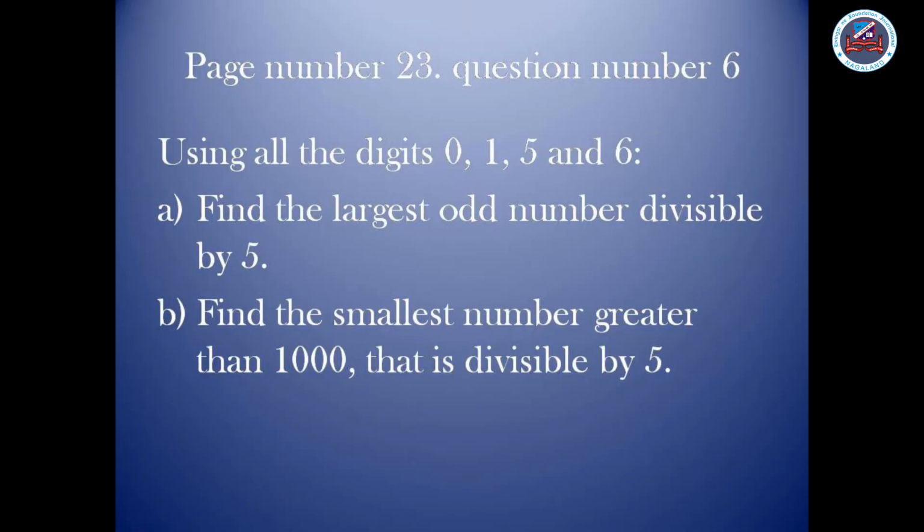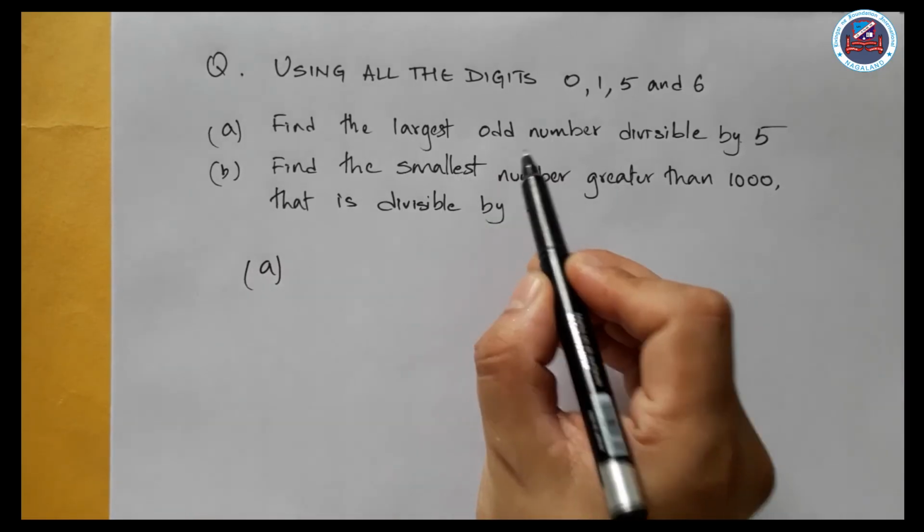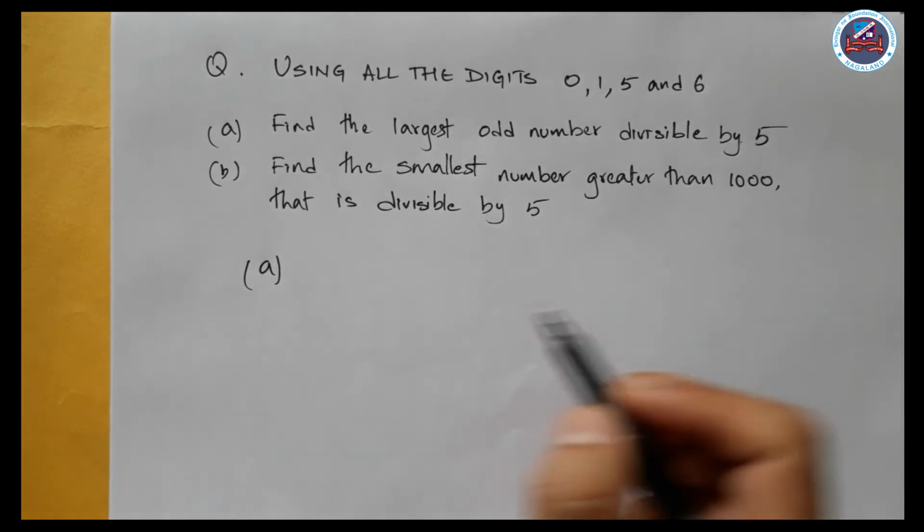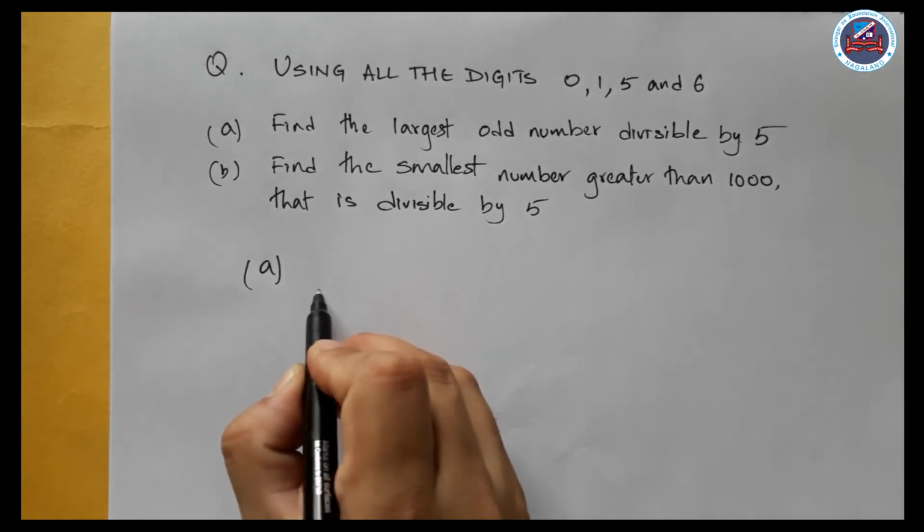Page number 23, question number 6. Using all the digits 0, 1, 5 and 6, find the largest odd number divisible by 5. Find the smallest number greater than 1000 that is divisible by 5. Now we have to find the largest odd number that is divisible by 5. Now we have 4 digits.